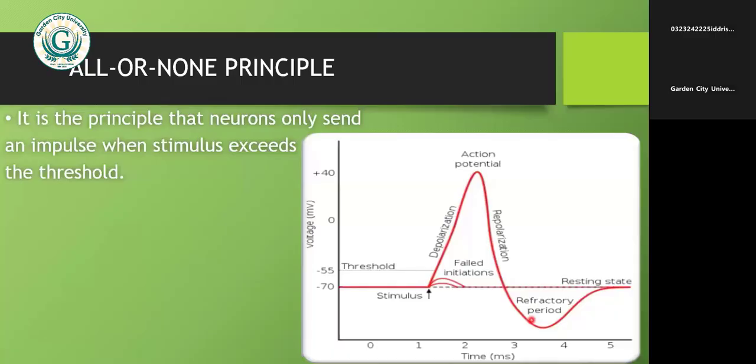Meaning you either generate the action potential or not. There's nothing like partial generation of an impulse. It's either you generate the action potential fully or you do not generate it at all. Does it make sense now?